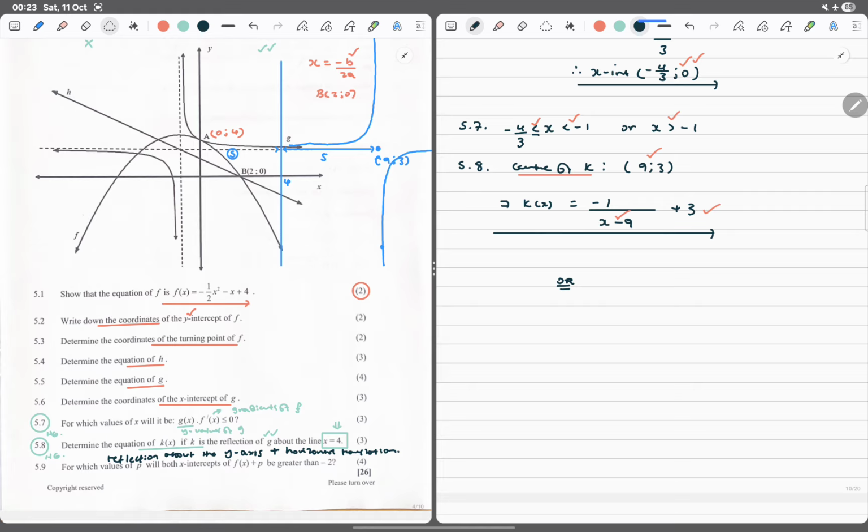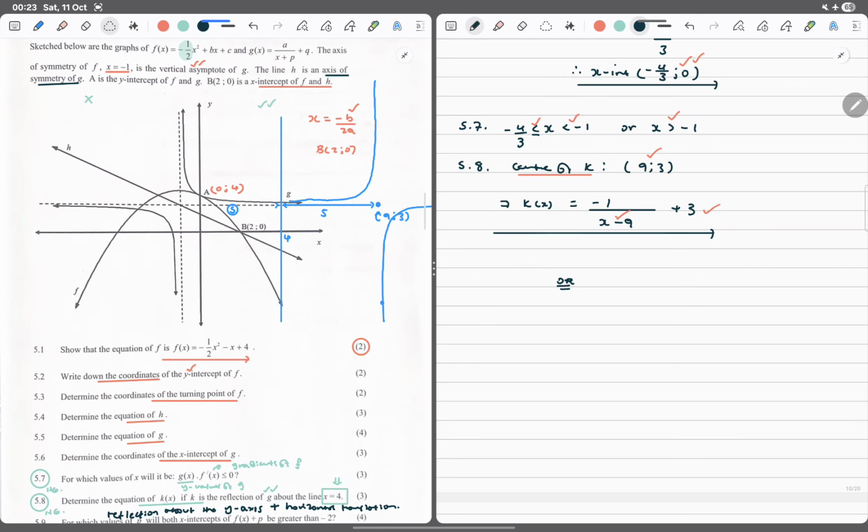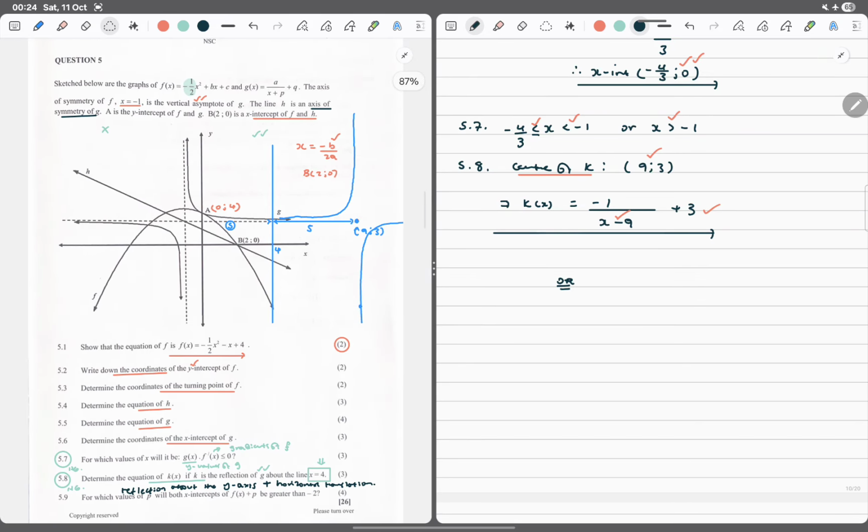The other way is to think about our graph being reflected essentially. Okay, I don't know if it's going to select it. Okay, it's not going to select it. It's fine. We move it there.